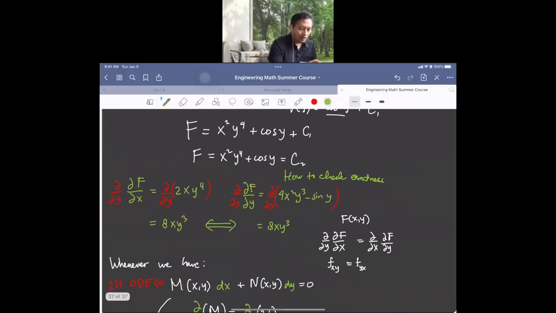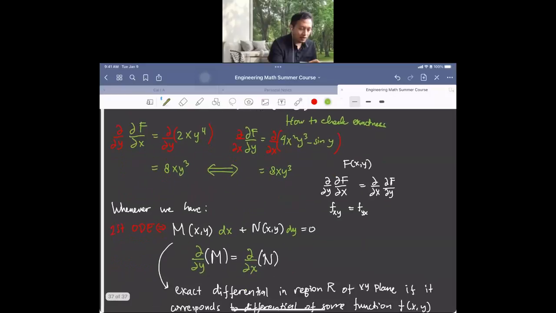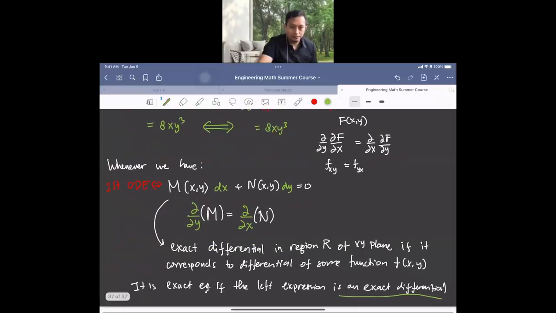So if it is an exact differential, when we check the mixed partials, then this is an exact differential. And the region R is defined by a rectangular region.